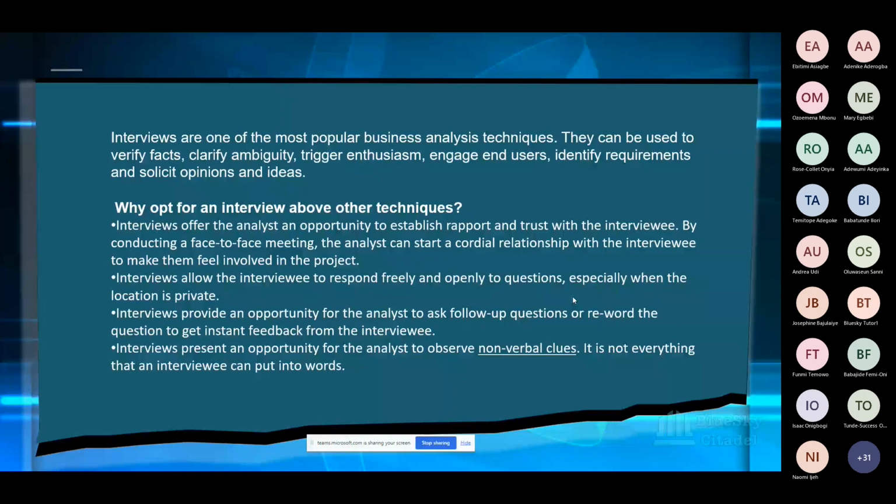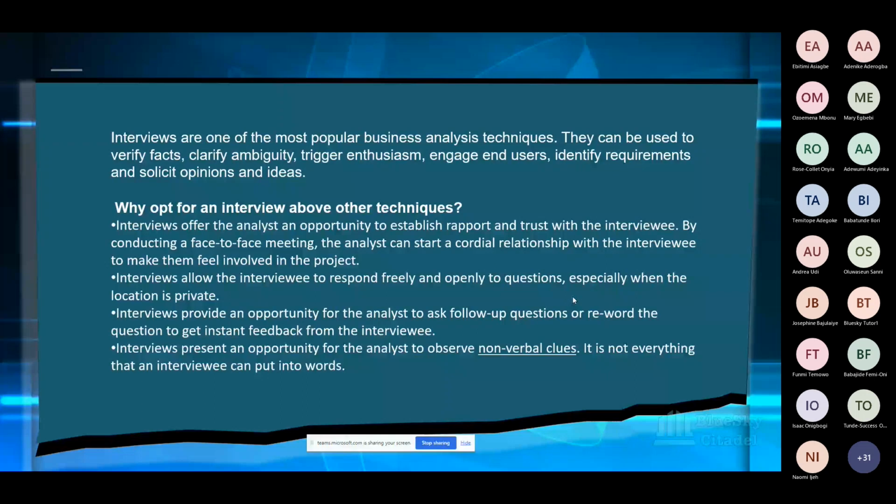So interviews present an opportunity for analysts to observe non-verbal clues. It's not everything that an interviewee can put into words. So notice when they are uncomfortable, notice when they are excited about a particular question, and their voice just goes really bright, or their voice goes dim, so know when to stop, know when to hit the question.